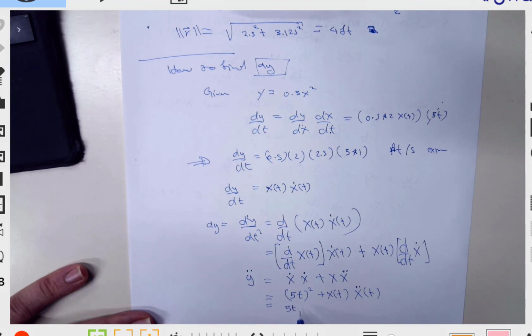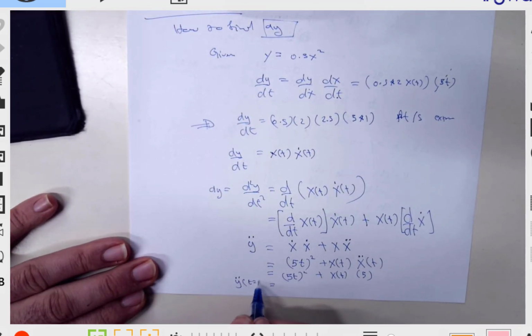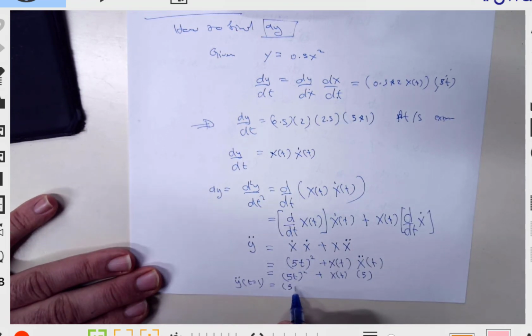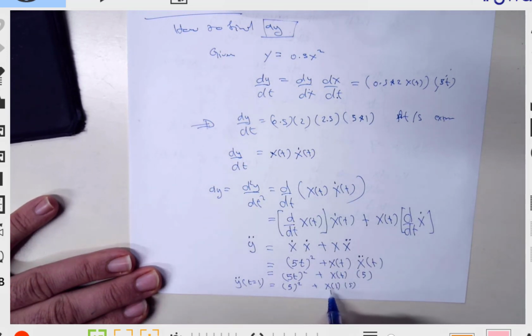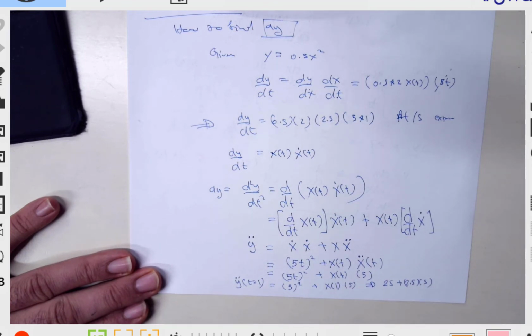This is (5t) squared plus x of t times x double dot of t, which is 5. Now I need to evaluate this at time equal to 1. So y double dot at time equal to 1 is 5 squared plus x of 1 multiplied by 5. x of 1 we found to be 2.5, so we have 25 plus 2.5 multiplied by 5.